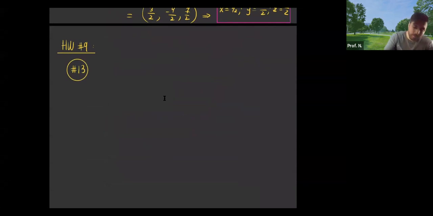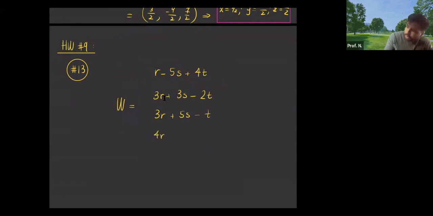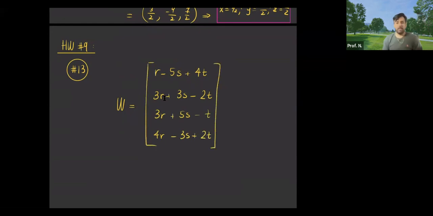It says W is a subspace, right? Where every vector looks like this: r minus 5s plus 4t, 3r plus 3s minus 2t, 3r plus 5s minus t, 4r minus 3s plus 2t. Every vector in W looks like this.